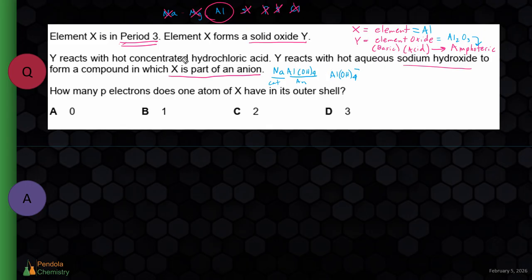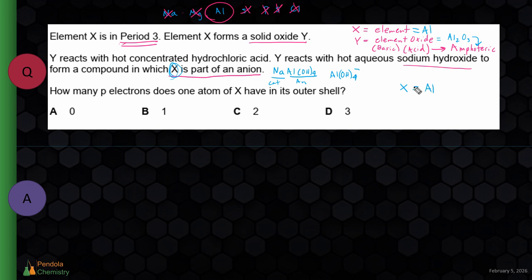So this further clarifies that X has to be aluminum, because this is the anion that it creates when it reacts with sodium hydroxide, and it says here to form a compound in which X is part of an anion. The aluminum is part of an anion. So we know X has to be aluminum.